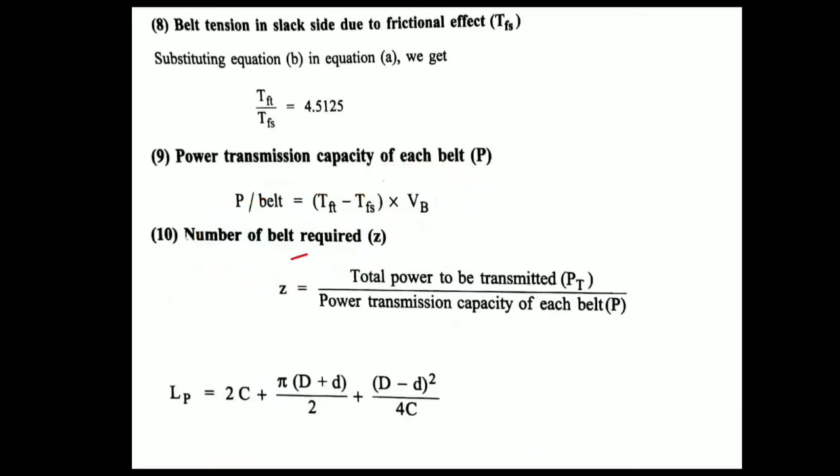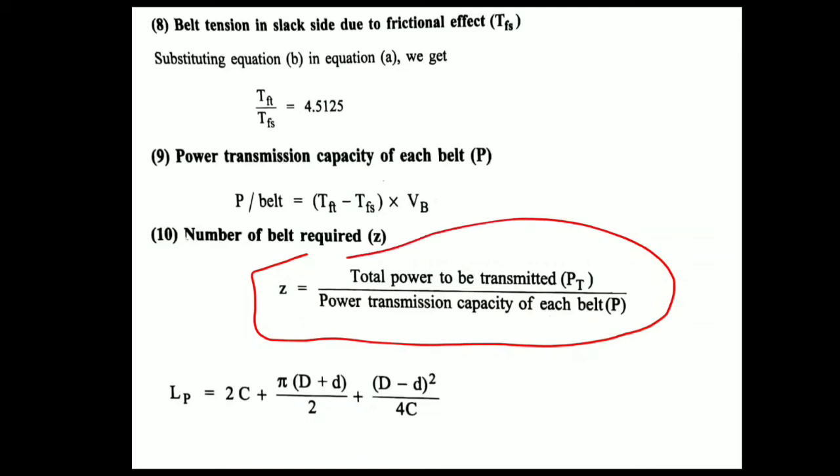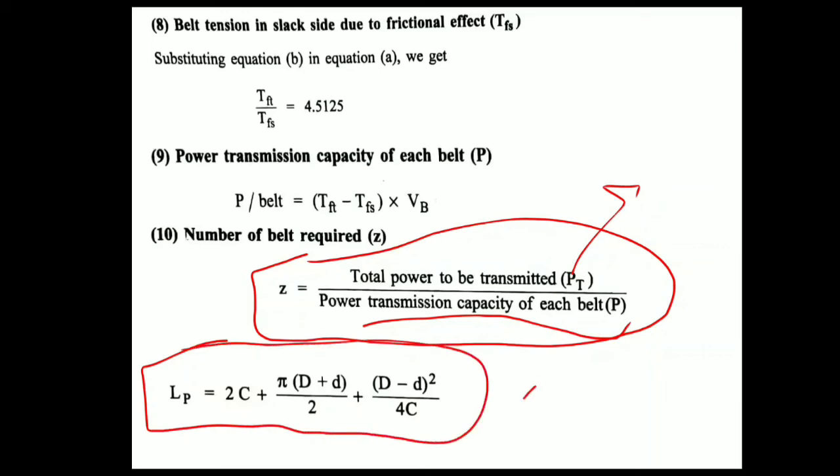The number of belts we can calculate from the total power transmitted and the power transmitting capacity of the respective belt, correct? Two belts have different capacity and the total expected power transmission is different. By dividing these two terms, we get the number of belts required. And of course the length of the belt is again the same as that of the open type of belt, as I told you.